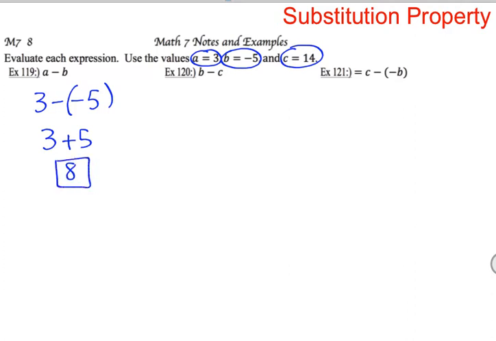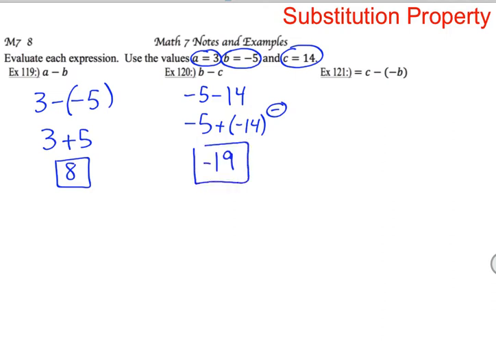Example 120, b minus c. Well, b is -5, c is 14, so this is -5 minus 14. That's the same as negative 5 plus negative 14. The negatives win because they're both negative. We add them together and we get 19. So the answer is negative 19. Example 121, c minus negative b. C minus the opposite of b, where b is negative 5, so I'm going to need to put it in this way.